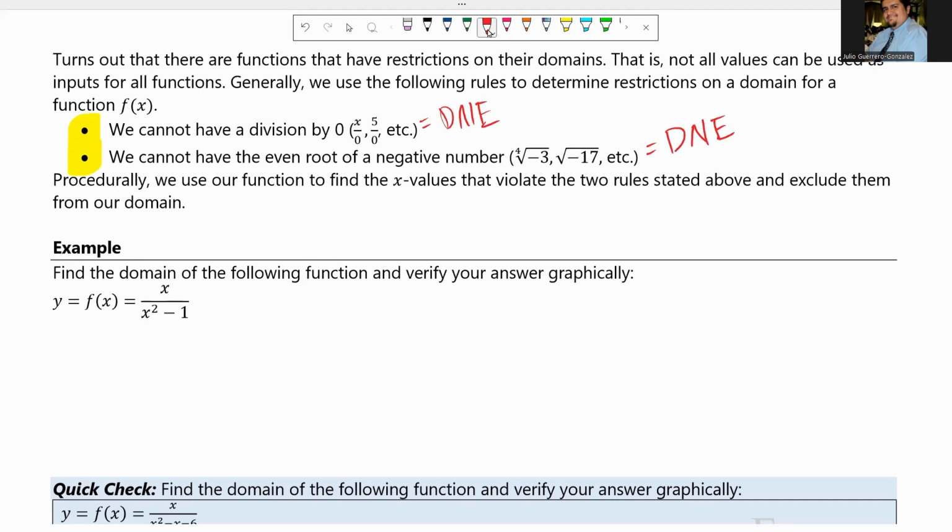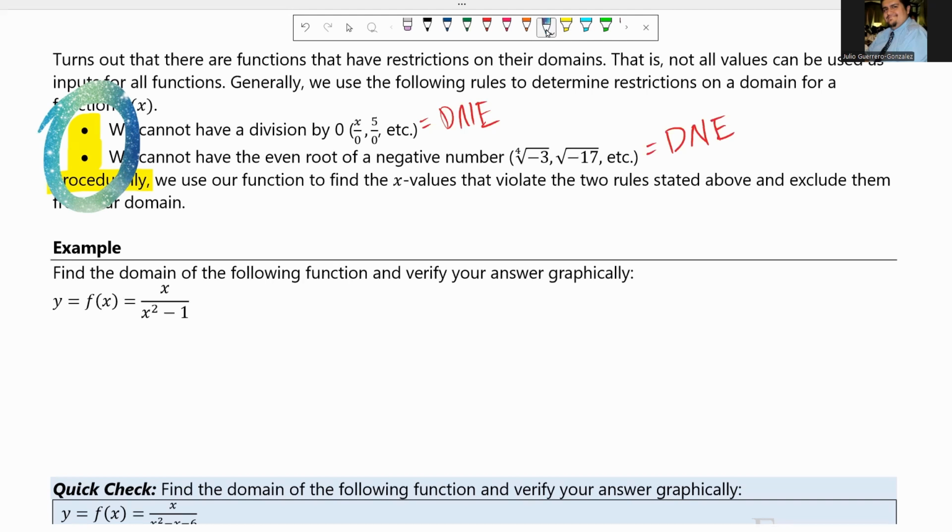And we can stop our progress. So now, how do we figure out the domain of functions? Procedurally, what we do is we find the x values that do one of these two things. We kick those out. Everything else is fair game.